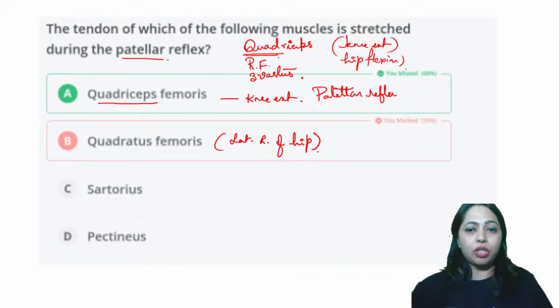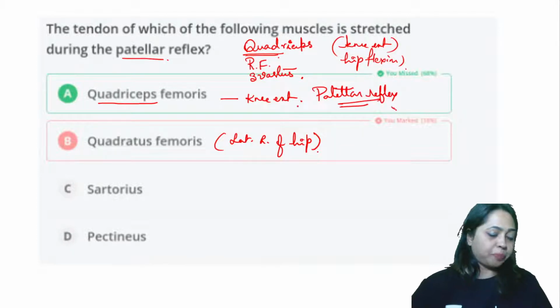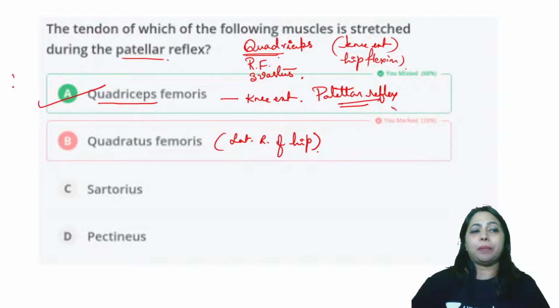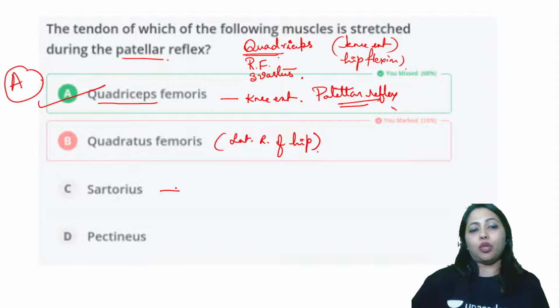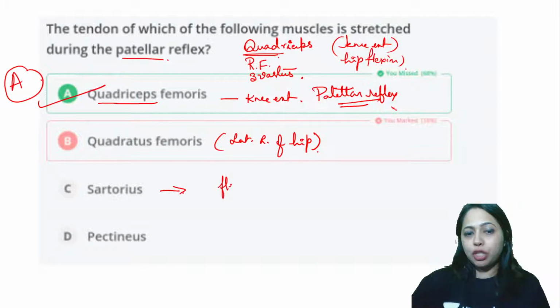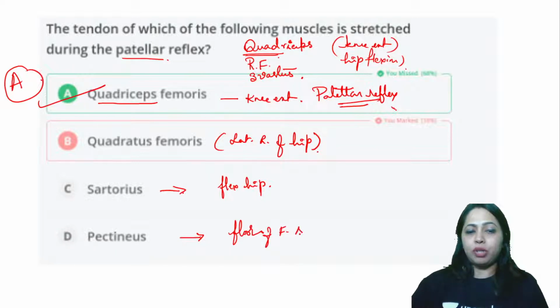So the answer is A. What about sartorius? Sartorius is in the anterior compartment and does flexion of the hip. What about pectineus? Pectineus is one of the muscles which forms the floor of the femoral triangle.